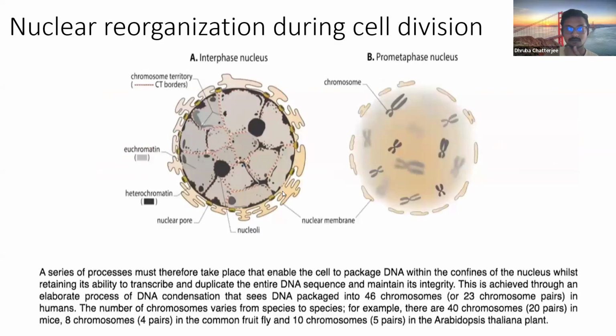Yeah, so we have already seen that there is considerable reorganization of the nucleus. The nuclear membrane, the nuclear pore complex, all of them disassemble during prophase and prometaphase, and the nucleolus also disassembles, whereas the chromatin now gets condensed enormously with these nucleosome proteins to form the very dense chromosomes.